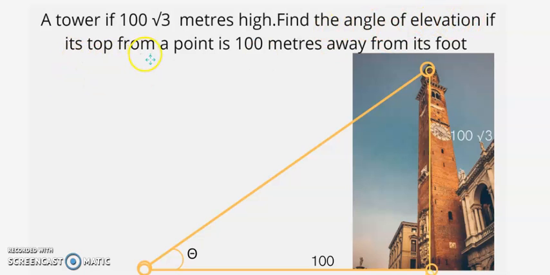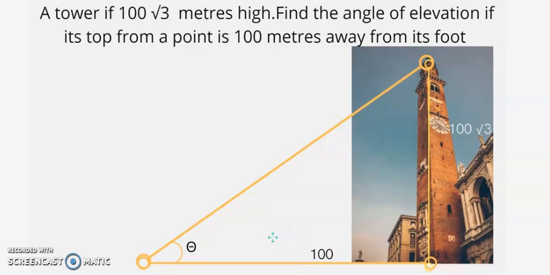The top is seen from a point 100 meters away from its foot. When you find the angle of elevation, you are standing on the ground. So you are how many meters away from the foot of the tower? It's 100 meters. So we need to find the angle of elevation.